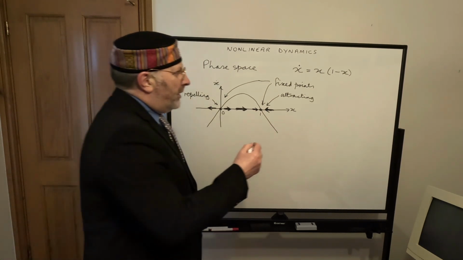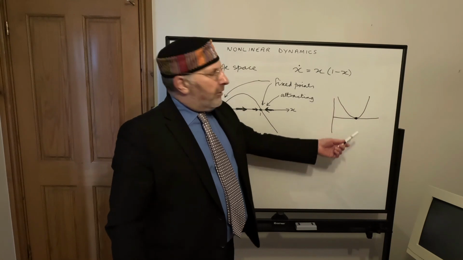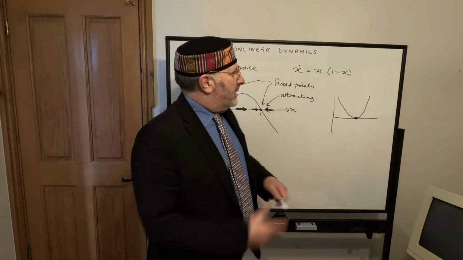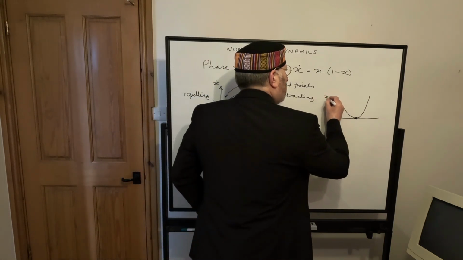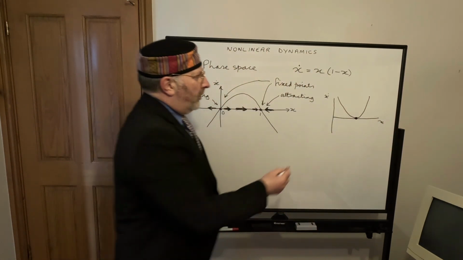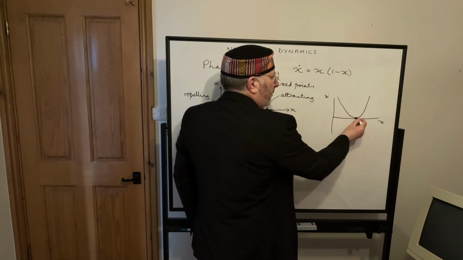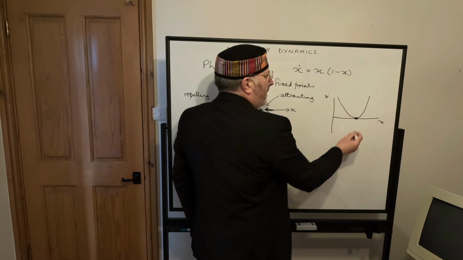And we can also have a rather quirky situation like this, where the graph just touches the axis. X dot and x. So it just touches the axis. So this is a fixed point because x dot is 0.